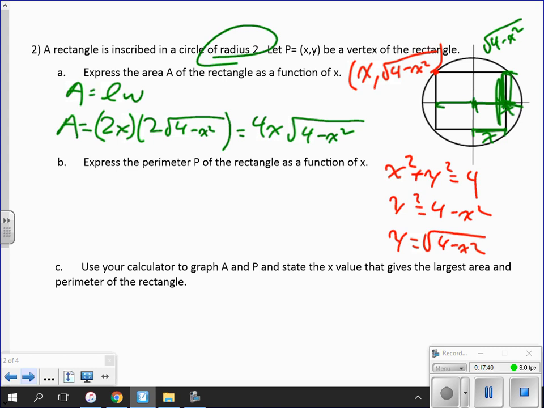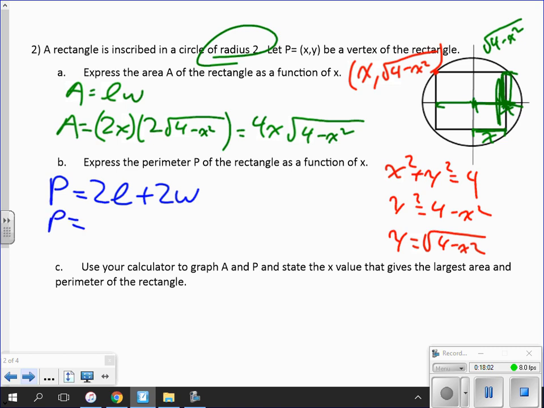Okay. So now, perimeter. The formula for the perimeter is 2 times the length plus 2 times the width, because I have 2 length sides and 2 width sides. It's not 2 times the area.